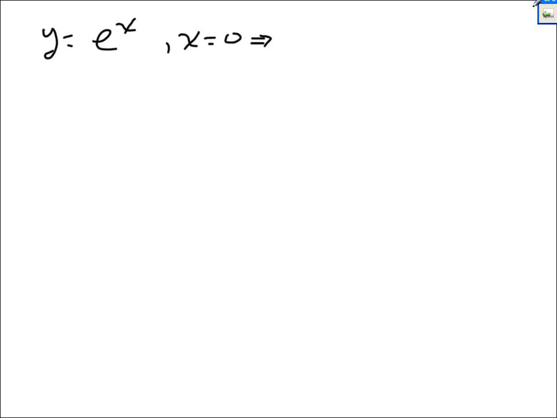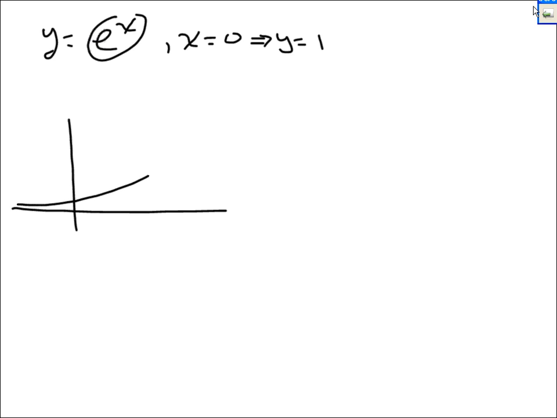That implies that y is 1 because e to the 0 is 1. So basically what's going on is, here is the graph e to the x. And here is the point 0, 1.